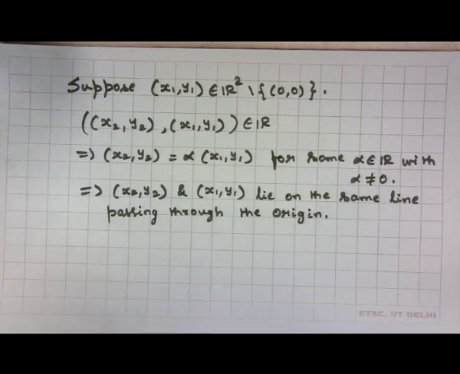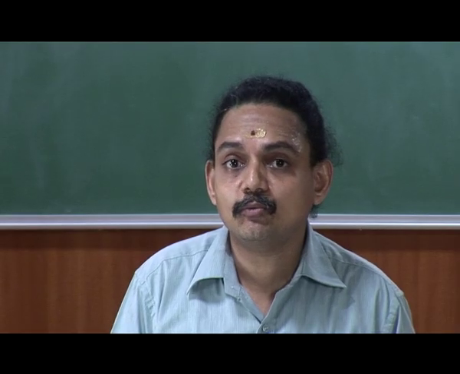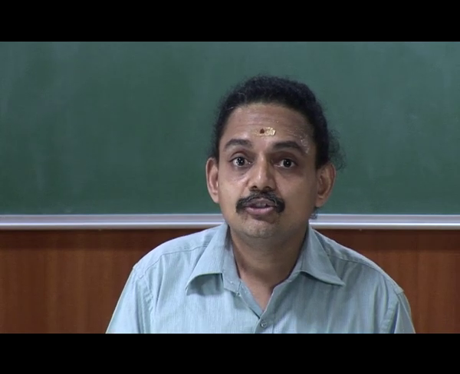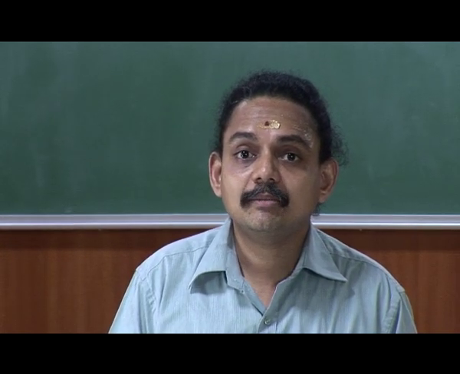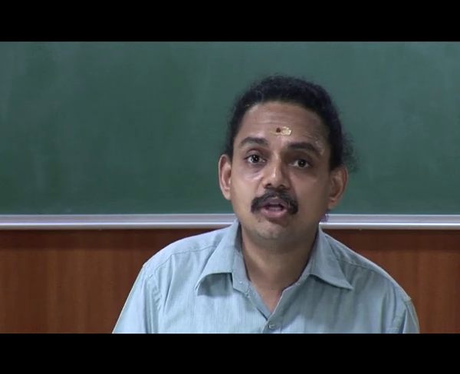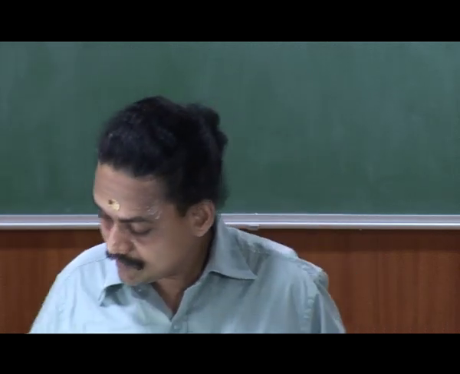So, that means given (x1, y1), the equivalence class corresponding to the ordered pair (x1, y1) is the straight line passing through the origin, except the origin, because we have removed the origin from the original space.